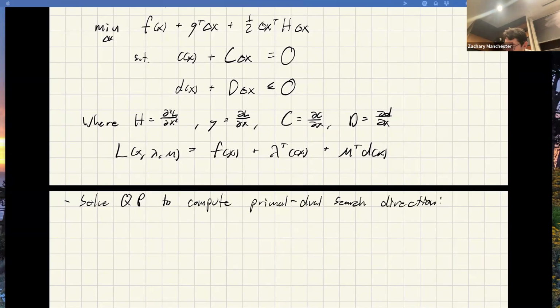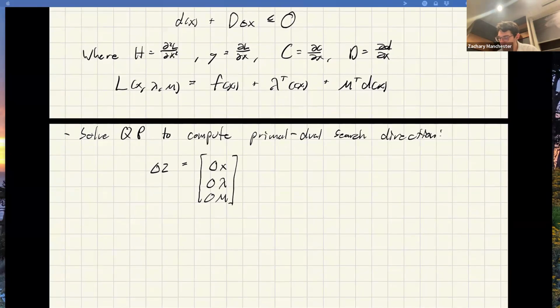So I'll solve the QP, and that's going to give me, for example, this delta z, which has a delta x, a delta lambda, and a delta mu. So it's also going to give us deltas on the multipliers. And then standard stuff that we've already talked about: you can do a line search on this with a merit function. We already know about merit functions. All the usual stuff.